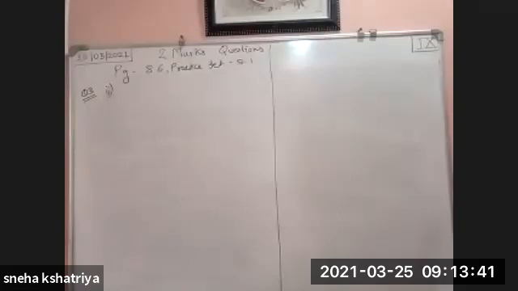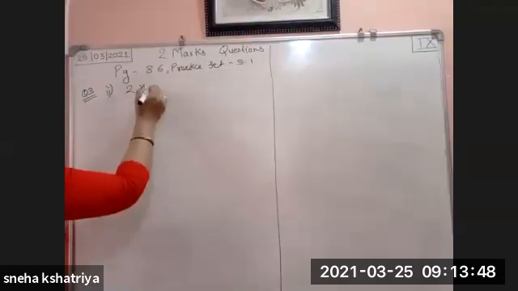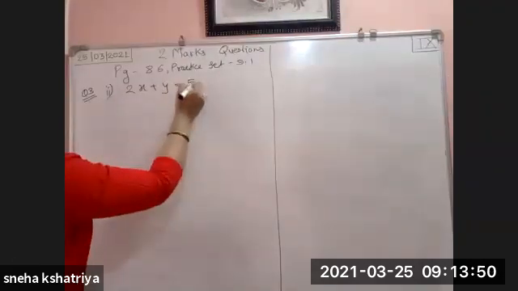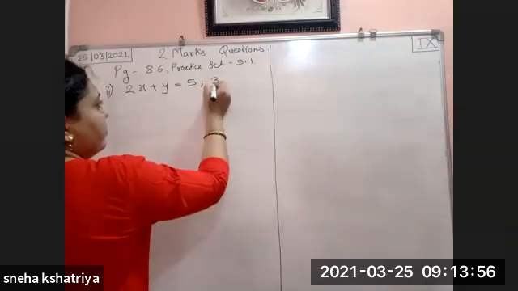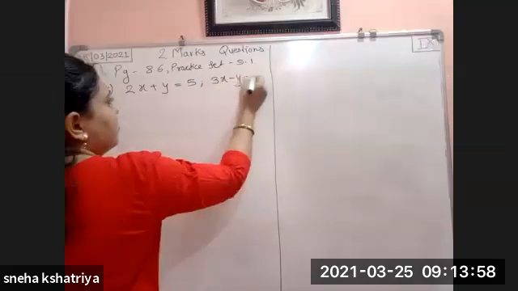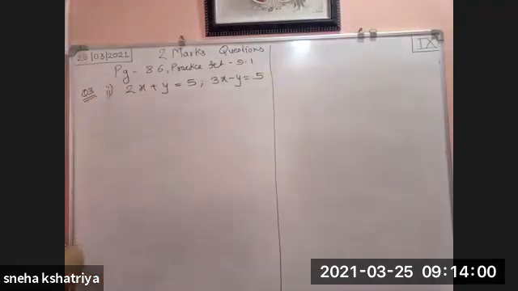So we will see the second question, that is 2x plus y is equal to 5, and the second one is 3x minus y is equal to 5. Okay.